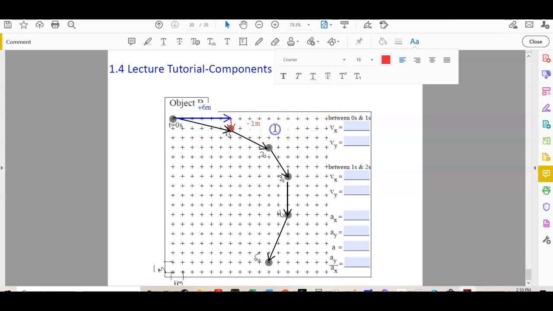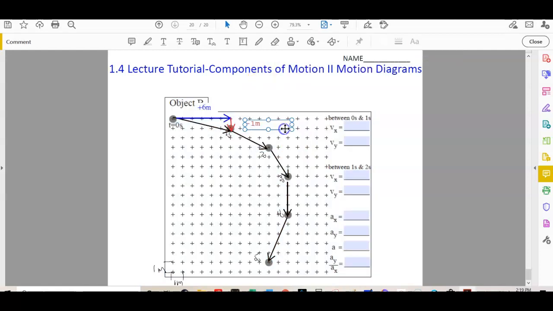Okay, and that's just for that one time frame from 0 to 1 seconds. So without doing the math, you could see that in the first second it traveled a positive 6 meters to the right. So the answer to this part here would be positive 6 meters per second. Okay. And in the y direction, it traveled at -1 meter per second.